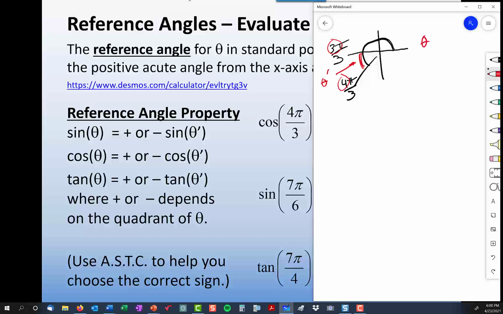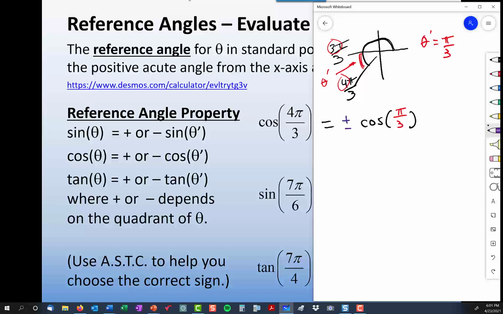So I see the reference angle is equal to pi thirds. So this problem that I'm doing here is going to have the same answer as the cosine of pi thirds, except I have to choose positive and negative.